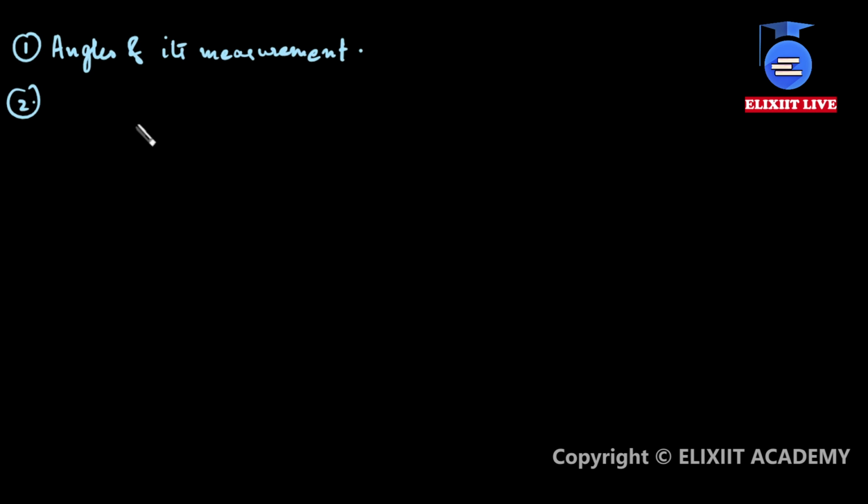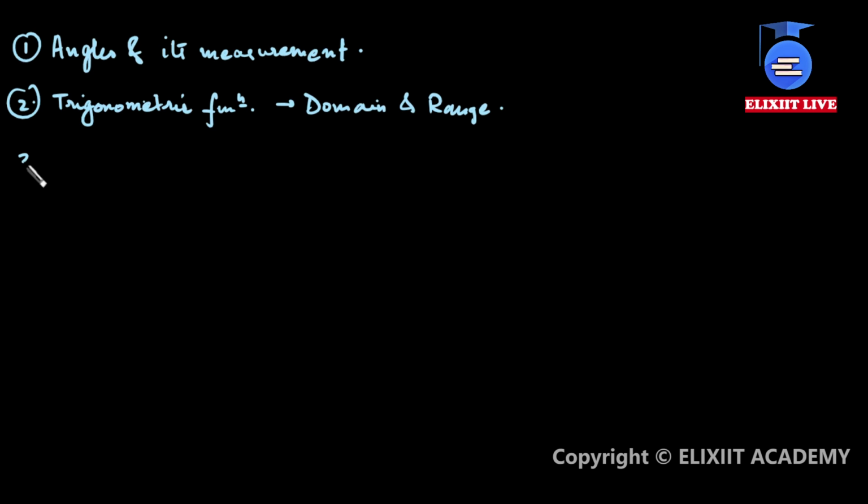The second thing you will learn is trigonometric functions, domain, range and all. Trigonometric functions involve domain, range, and questions based on that. Difficult questions we are going to see under the functions chapter also, because that is what we are doing parallelly.